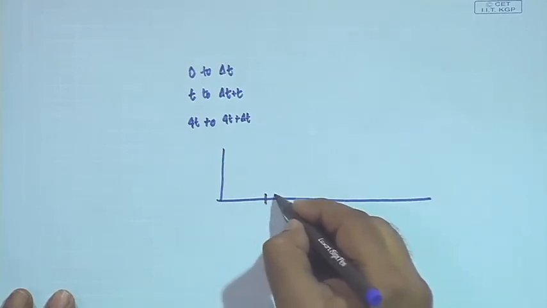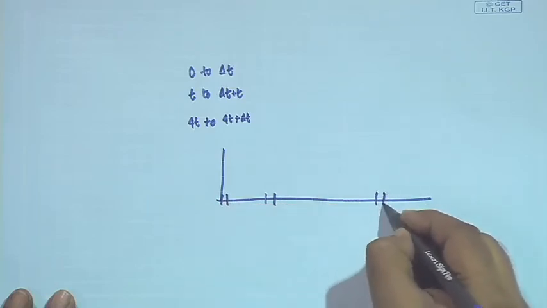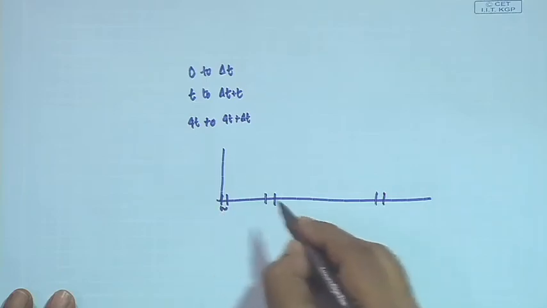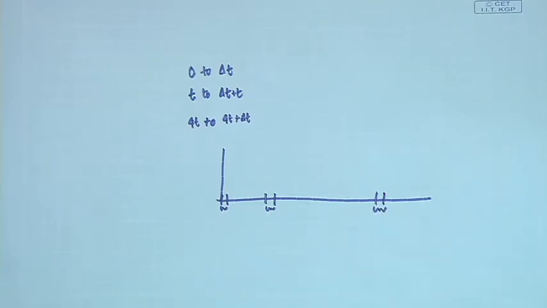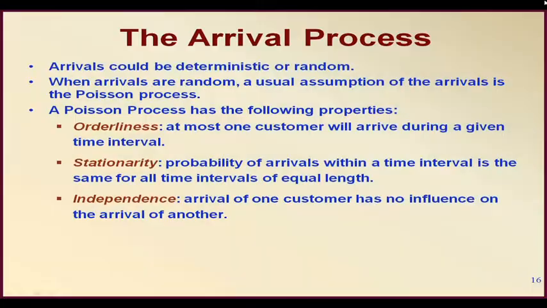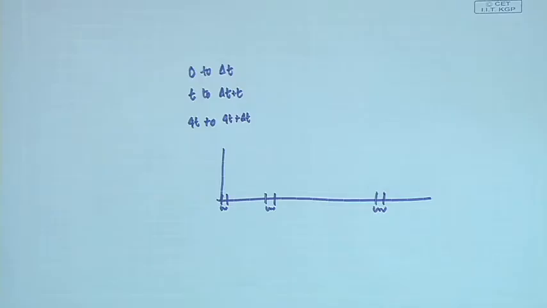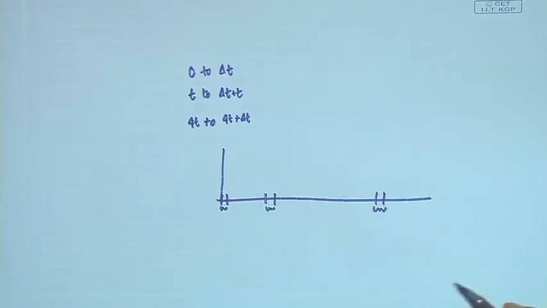In all of these time intervals, the number of arrivals will have a similar distribution, right. So, the probability of arrivals will be the same in all the three cases, that is called stationarity. That means if we have one, we can know the other, as simple as that.